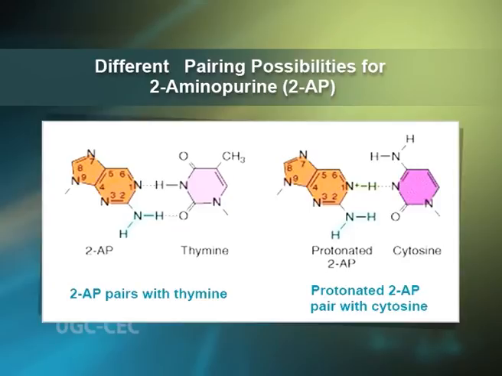Or if 2-aminopurine is incorporated by mispairing with cytosine, then GC to AT transitions will result when it pairs with thymine. Genetic studies have shown that 2-aminopurine, like 5-bromouracil, is highly specific for transitions.